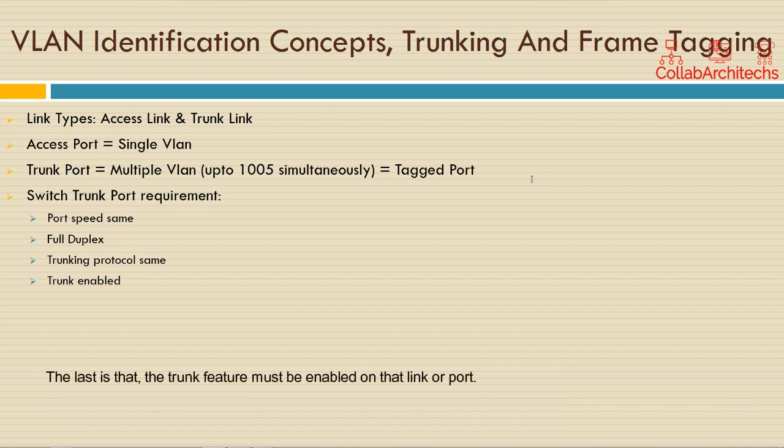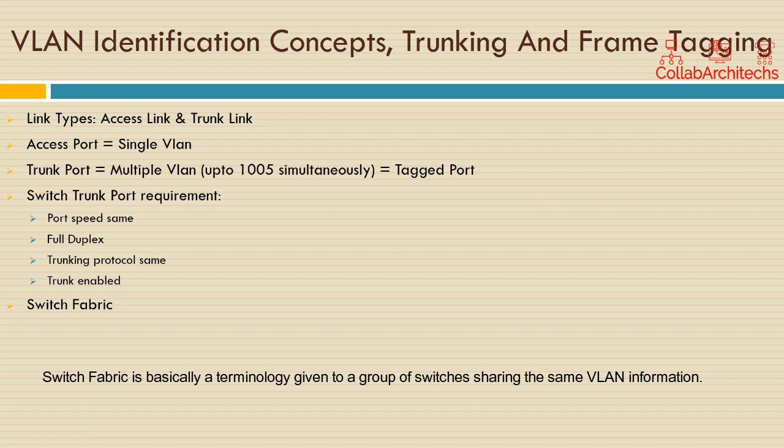The last is that the trunk feature must be enabled on that link or port. Next is switch fabric. Switch fabric is basically a terminology given to a group of switches sharing the same VLAN information.